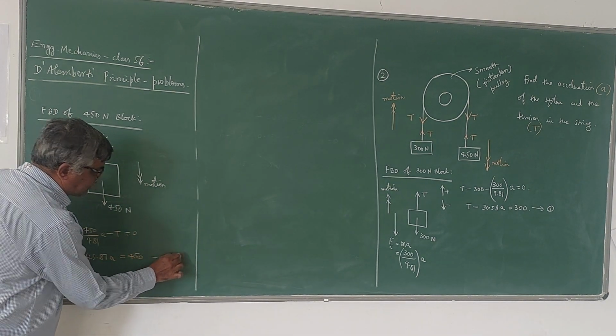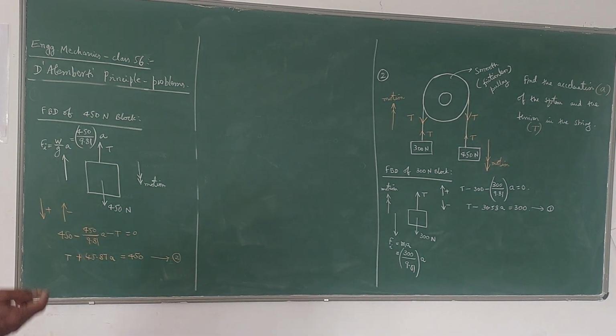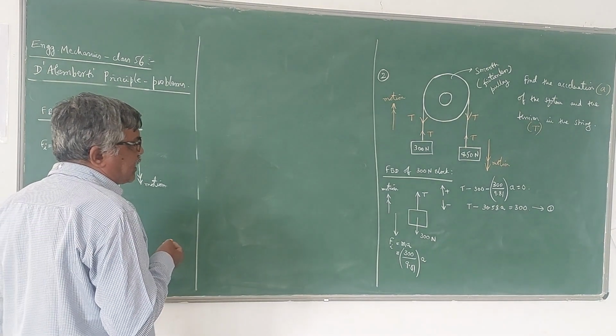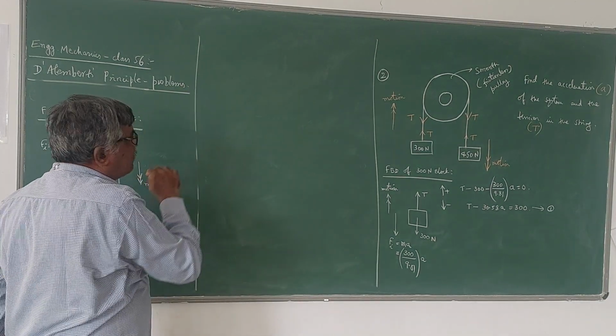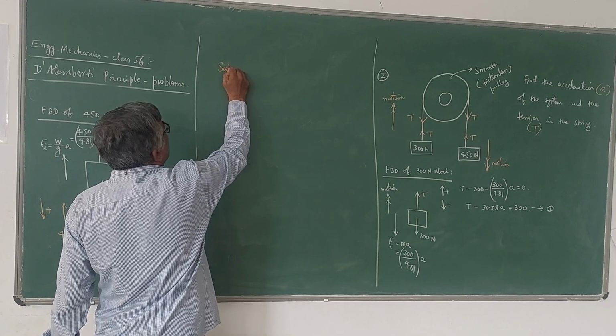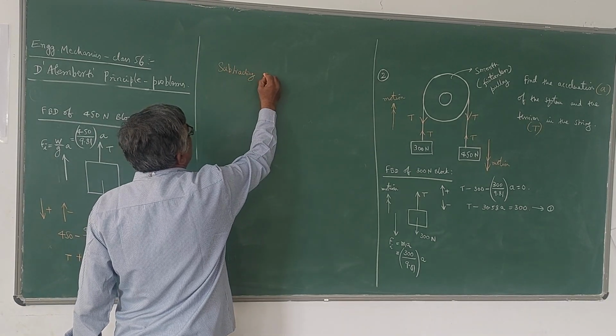So this is the second equation we get. Now if you solve equations 1 and 2, there are two unknowns and two equations, so you can easily solve. What I will do here is subtract equation 1 from equation 2. So T will get cancelled. You can see these are simple simultaneous equations.